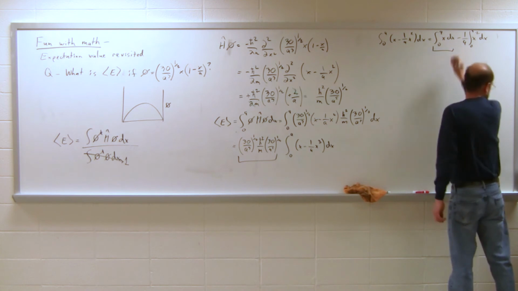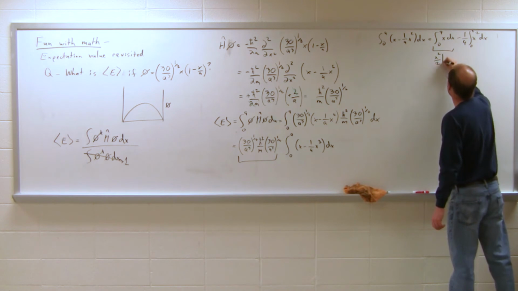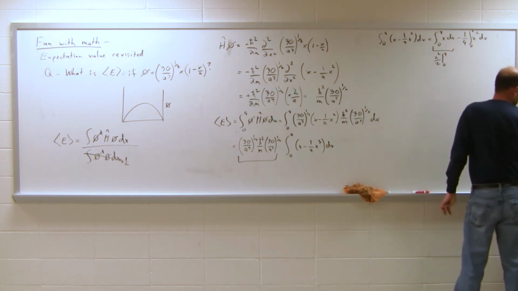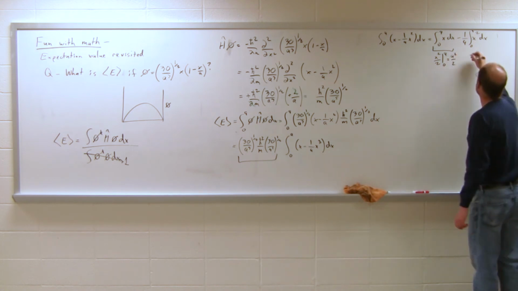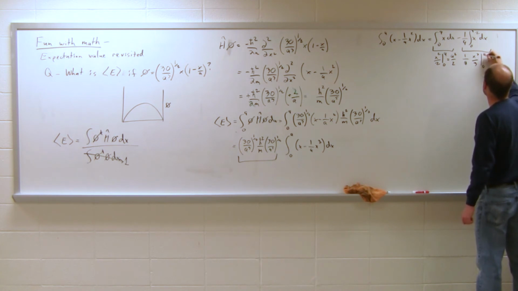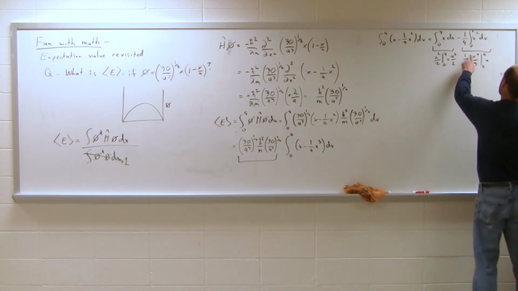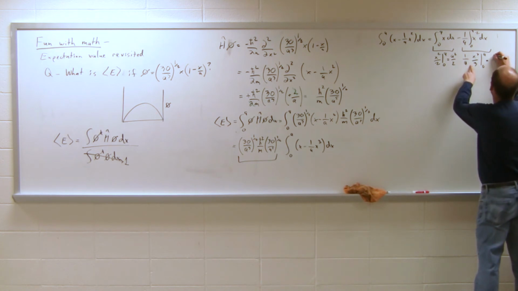This is just the integral of x squared over 2, evaluated from 0 to a, which is equal to a squared over 2. This is just 1 over a times the integral of x to the third over 3, evaluated from 0 to a, which is a to the third over 3 times 1 over a, so a squared over 3, with a minus sign.